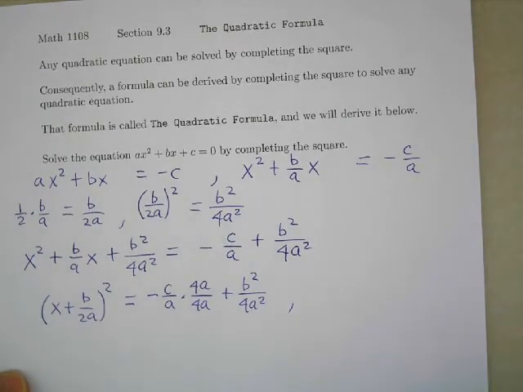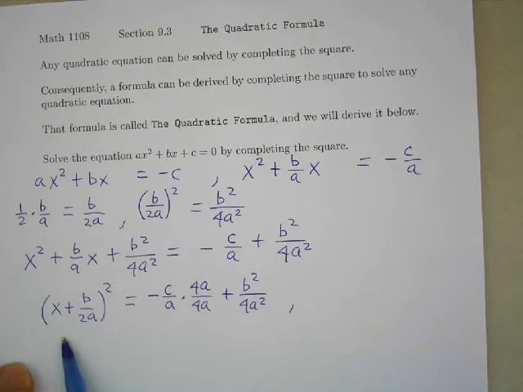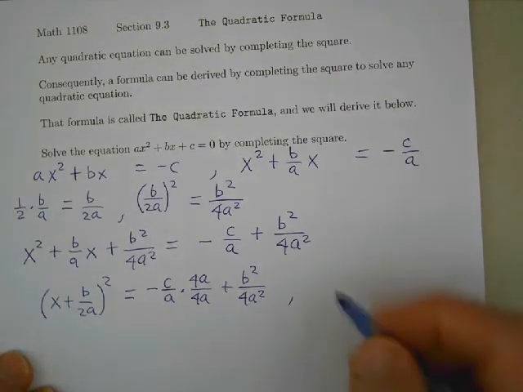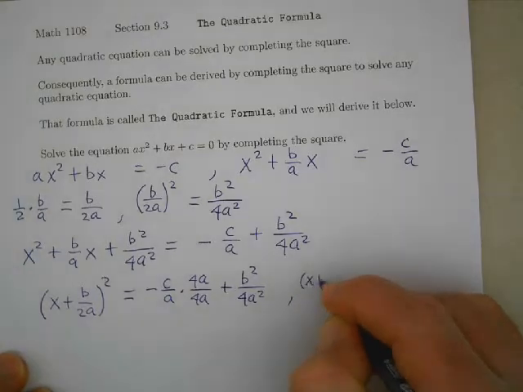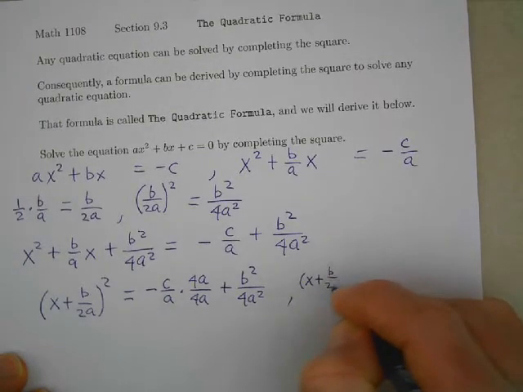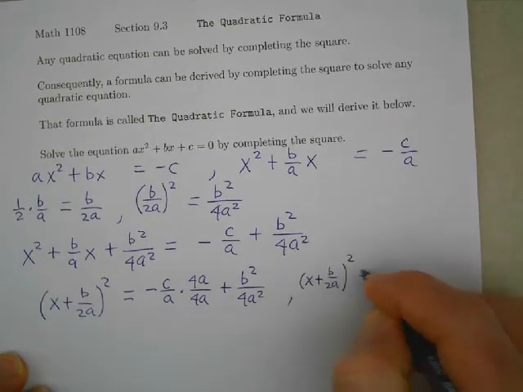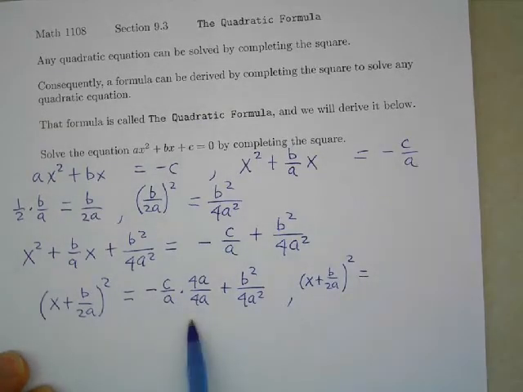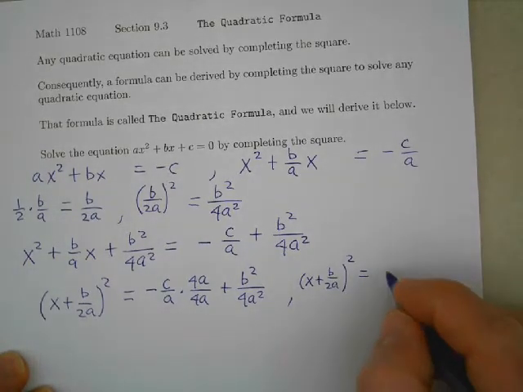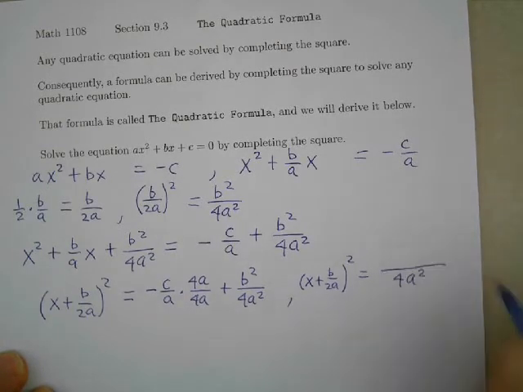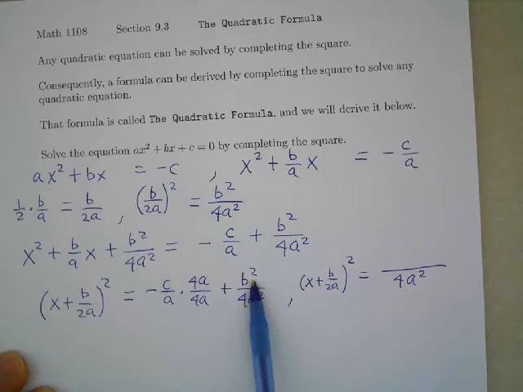In the next step, I'm going to write the binomial squared, x plus b over 2a squared. And now that we have a common denominator on the right-hand side, which is 4a squared, I'm going to rearrange the terms in the numerator.